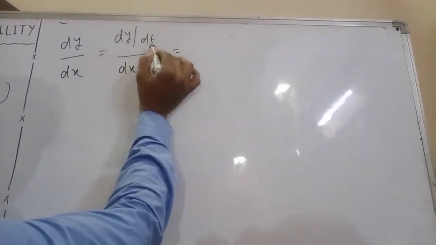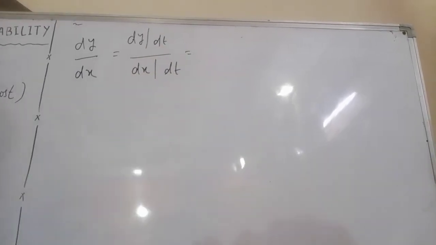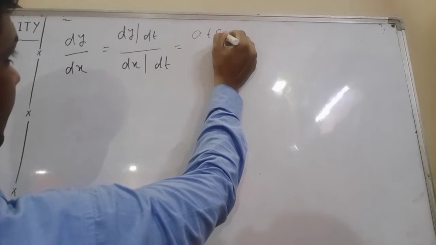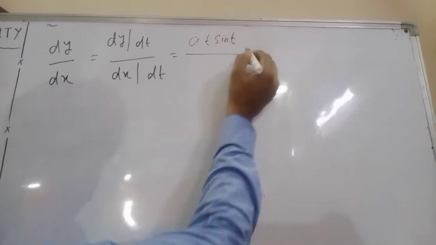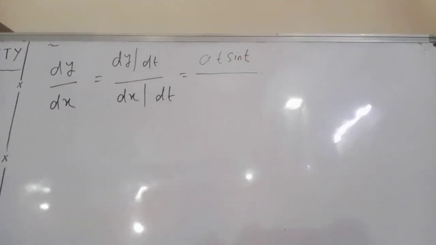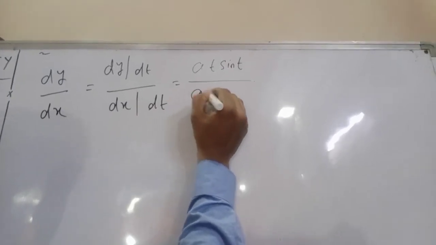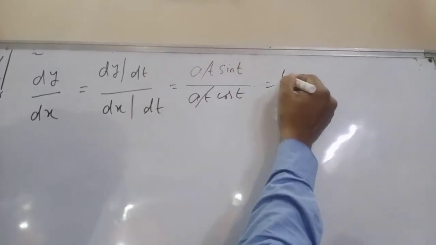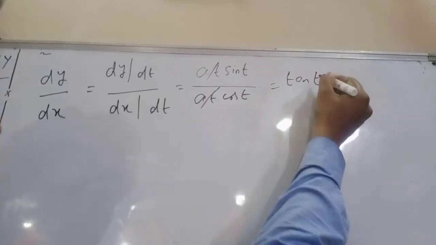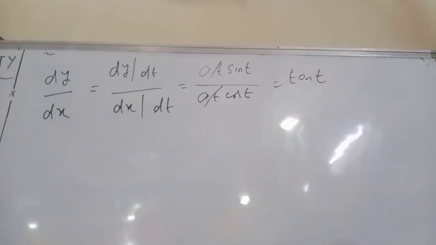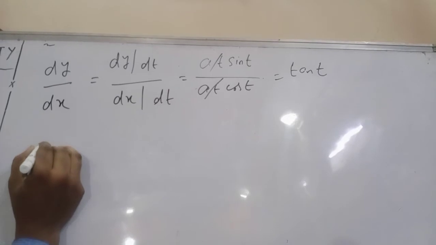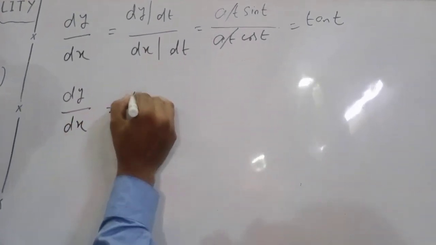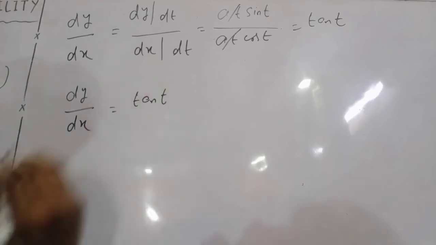Here the value of dy by dt is a t sin t, and value of dx by dt is a t cos t. Here a t and a t will cancel out and you will get tan t. Fine. That means your dy by dx would be equals to tan t.